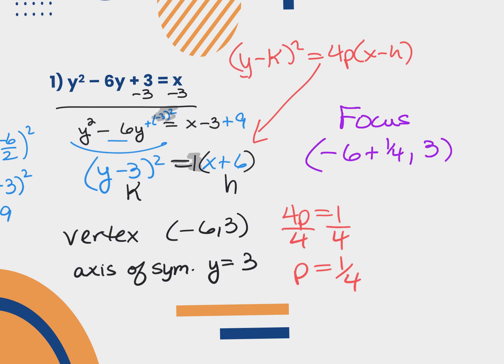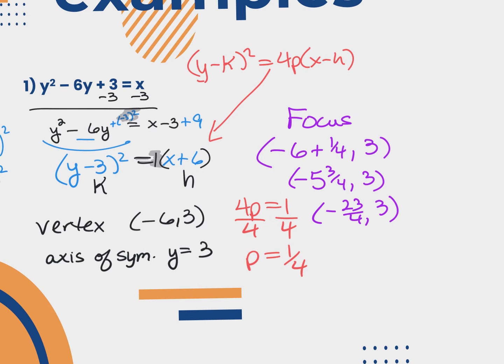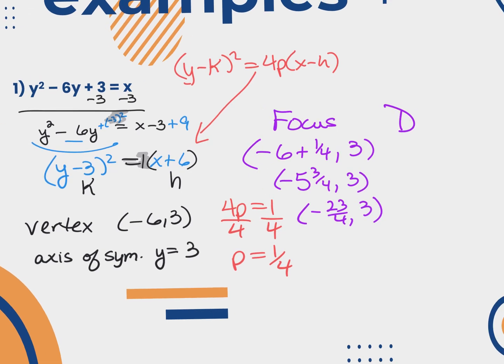So negative 6 plus 1/4 is going to be negative 5 3/4. If you want to show it as an improper fraction, negative 23/4, comma 3. The directrix is the opposite of p. So for the directrix, and let's see, let's do a different color, directrix.